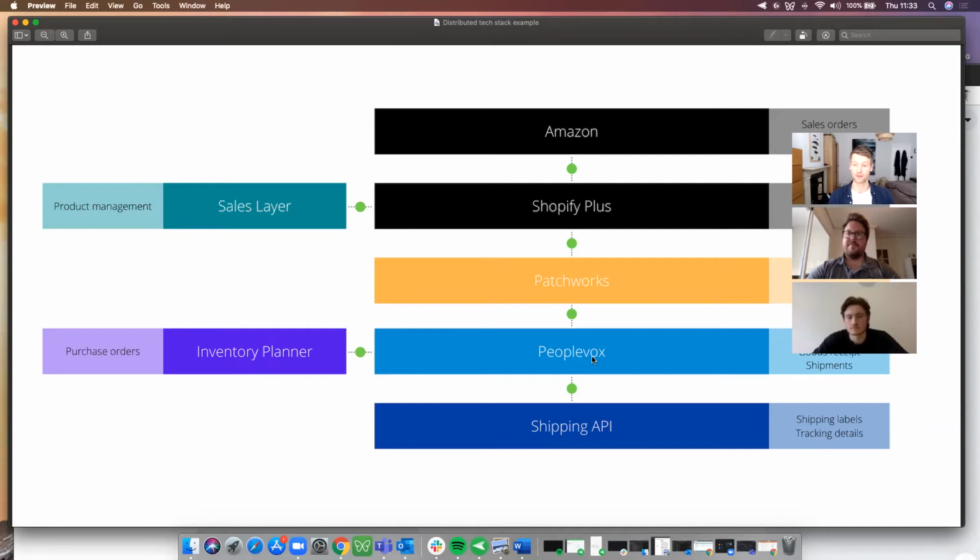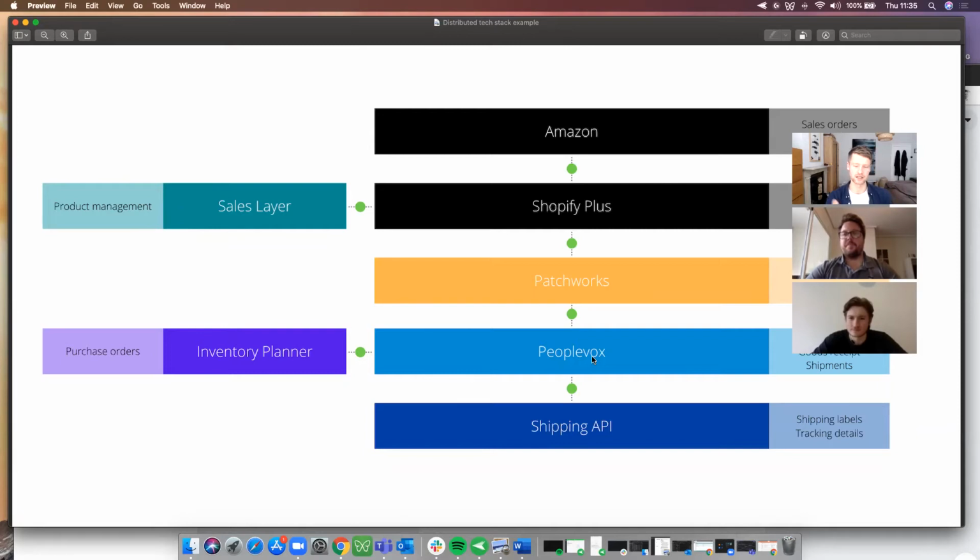That's PeopleVox. Which system is responsible for making sure that across your 5 Shopify stores, all of the inventory levels are in sync and all of the orders and fulfillments are transacted back, regardless of whether you're doing 3,000 orders a day or 40,000 orders in an hour on a Black Friday sale? That would be Patchwork sitting in that space.